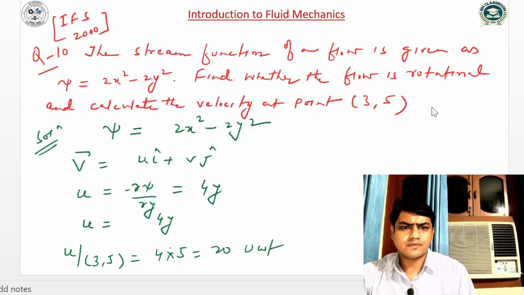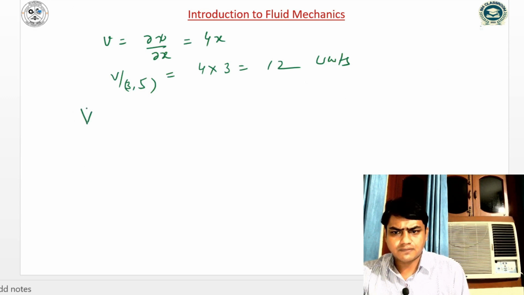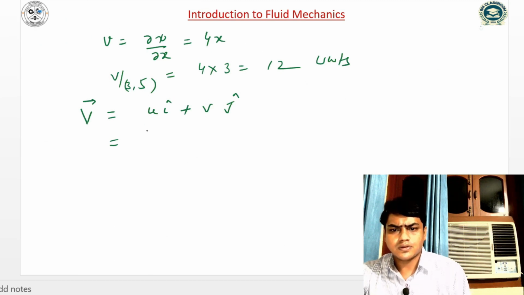Now we have to check whether the flow is irrotational or rotational. Firstly, we find the velocity, capital V, which can be written as ui plus vj, so it is 20i plus 12j.